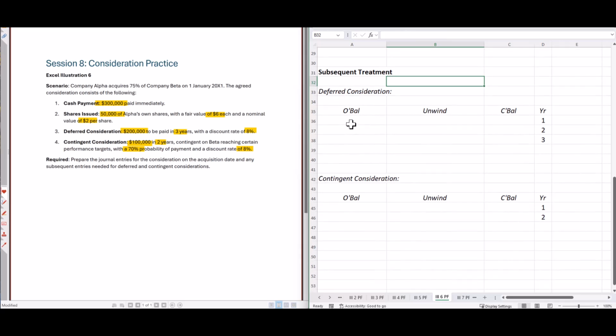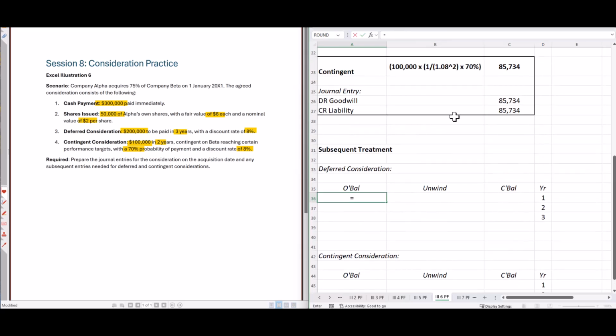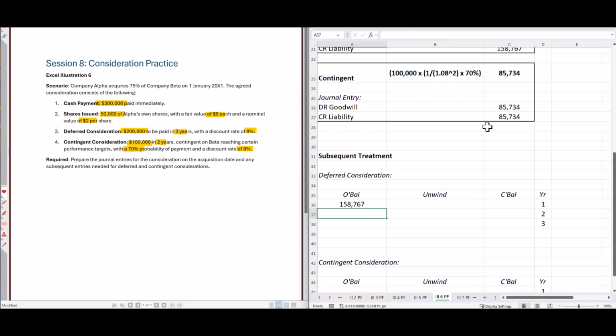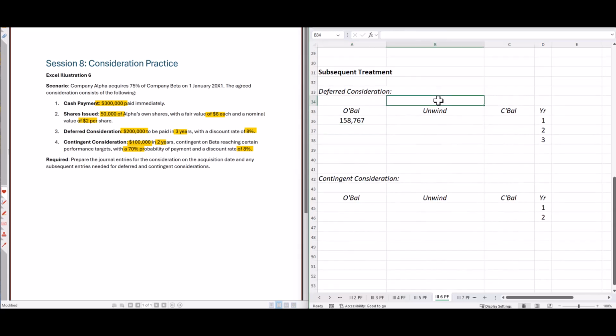So the subsequent treatment for the deferred consideration first. So the deferred consideration started off at 158,767. We're going to unwind it at 8%. So remember, it's going to be debit P&L, credit the liability.